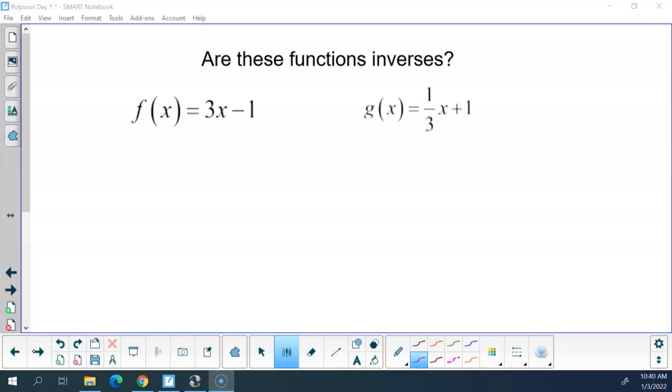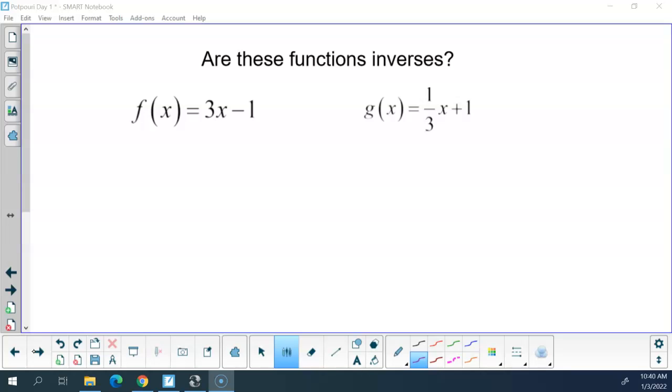Okay. So we've got a couple of different ways that we can answer this question. One way is we could find the inverse of one of them. Change f of x to y, switch x and y, solve for y. If we get the other one, they're inverses.